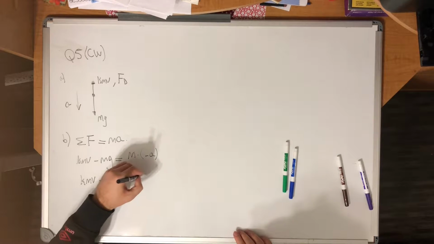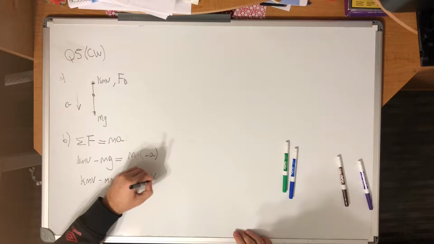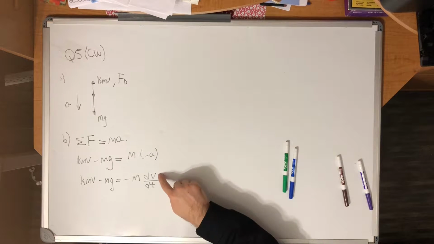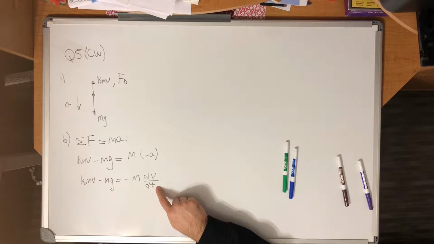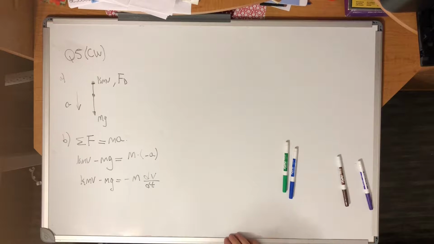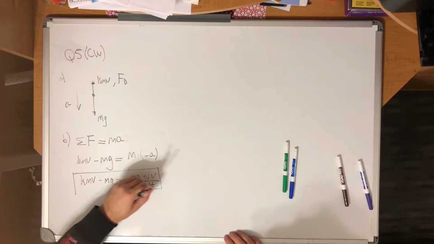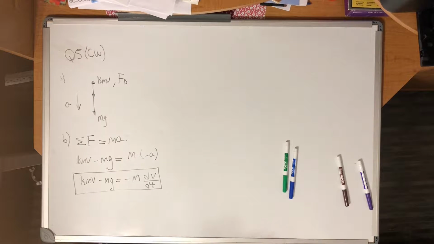So if you're going backward, it's going to be minus dv over dt. So if you take the derivative of the velocity function with respect to time, that is going to give you acceleration. So this is your differential equation. Alright, so that is going to give you 3 points.